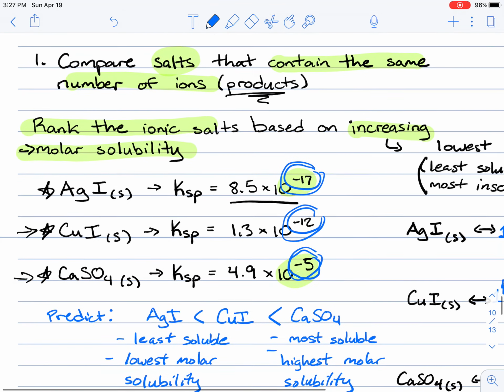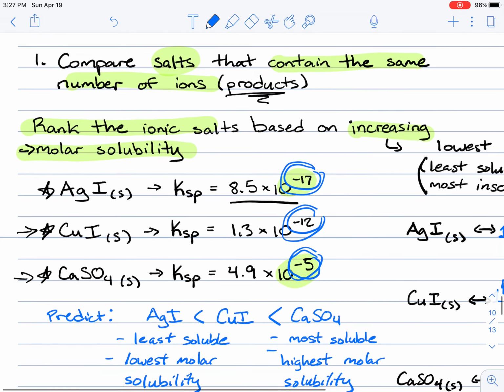Okay. Well, long story short, if they have a different number of ions, then you must, actually I think I wrote it down here. Yeah, I did. And so let me just go ahead and read what I wrote.